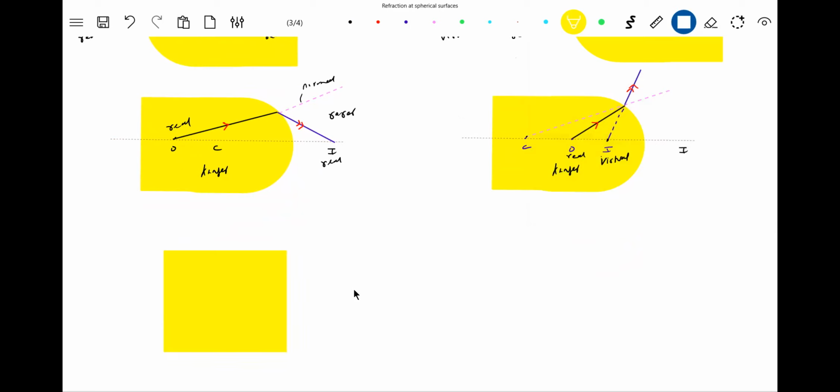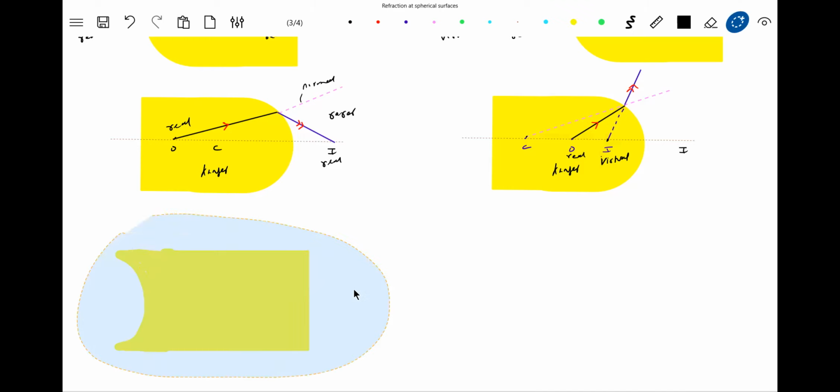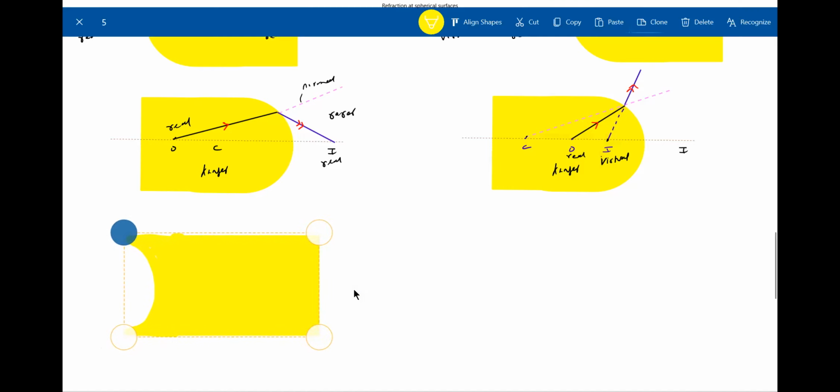Geometrical shape, a little bit difficult to construct. I'll draw some rough diagram.